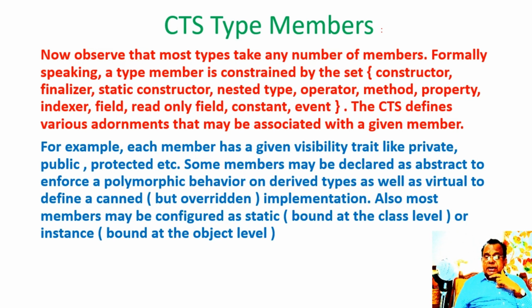Some members may be declared as abstract to enforce polymorphic behavior on derived types, as well as virtual to define a canned, but overridden implementation.